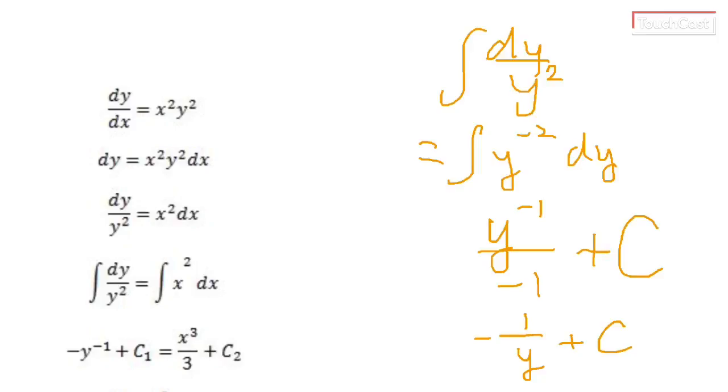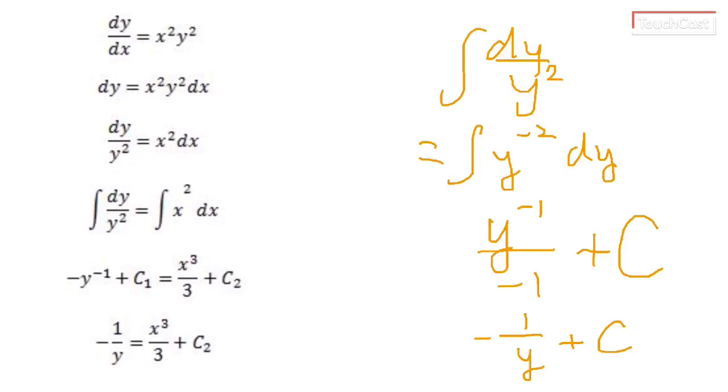Well, here's the thing. This is fine, and feel free to write that. But notice that I could subtract c1 from both sides. And then on the right-hand side, I'd have x cubed over 3 plus c2 minus c1. But c2 and c1 are just some constant, so we make a decision. We have a convention.